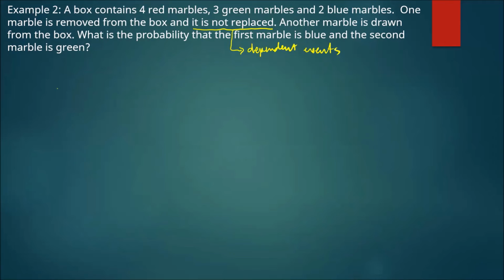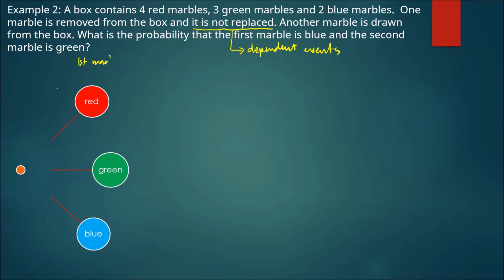Now, let us show that in our tree diagram. Again, we have a box wherein we have red marbles, green marbles, and blue marbles. This is our first marble, and then we are going to get a second marble.